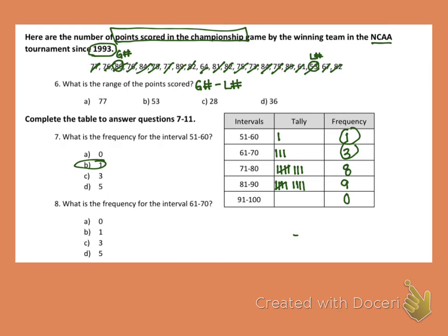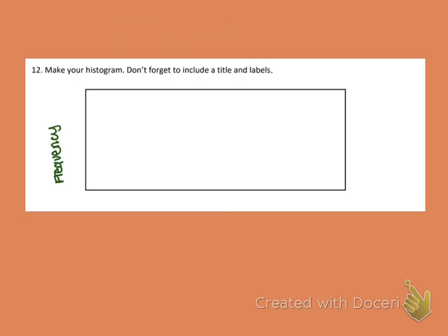So for our title, it could be points scored in championship game. And then down here, we're talking about number of points scored.